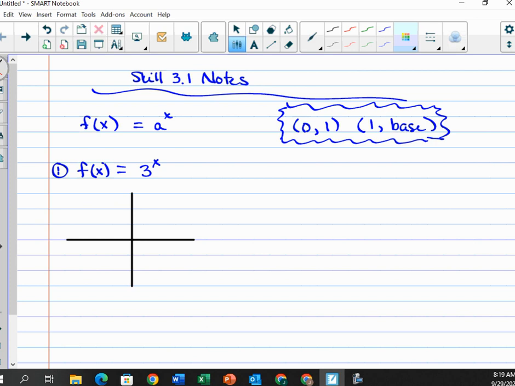What would be the 2 points I'm going to use for this graph? Is it (0, 1) and (1, 3)? Yep, (0, 1) and (1, 3).